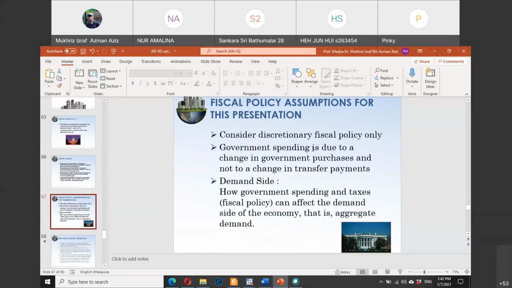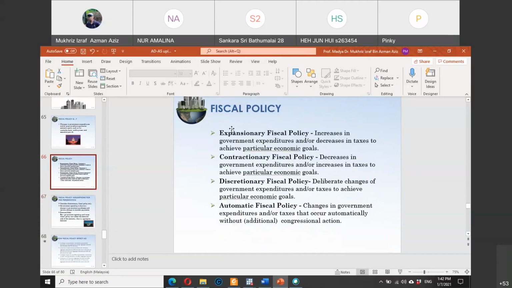We're not going to discuss this slide here. Usually the main focus is these two, whether we expand or we contract. Expand is usually to increase economic growth when the economy is very slow due to recession.